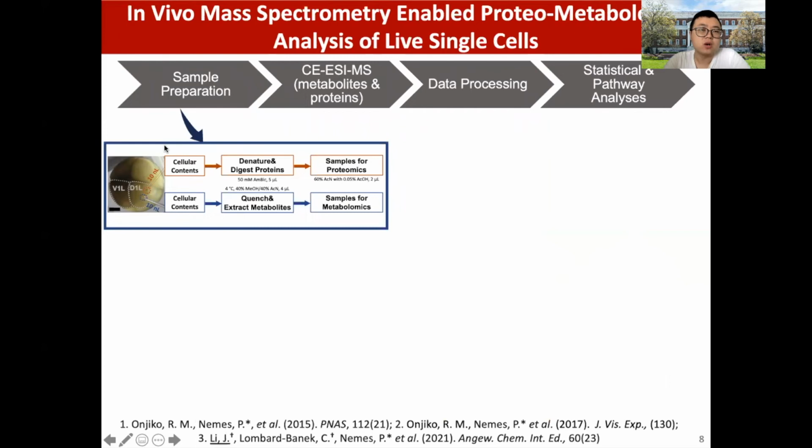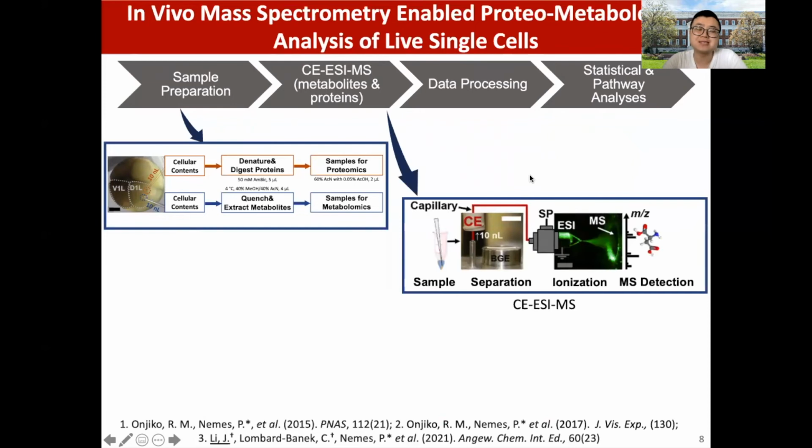Here is our sample preparation workflow. We basically microsample the D1L cell twice. One is for proteomics analysis, another one is for the metabolomics analysis. Then we did the same thing for the V1 cell. After that, we use HRMS to measure the proteins and the metabolites separately.